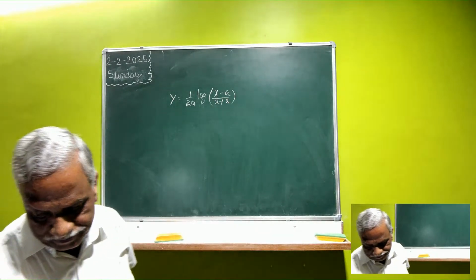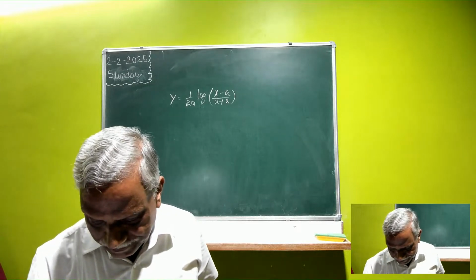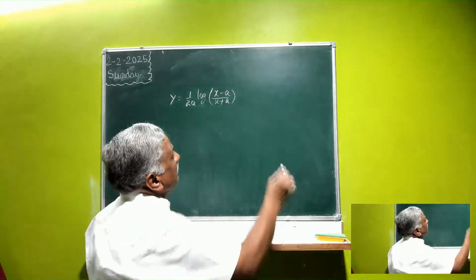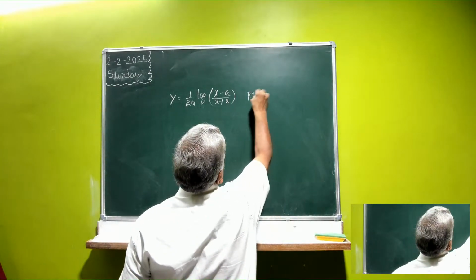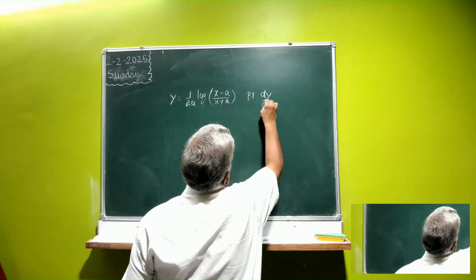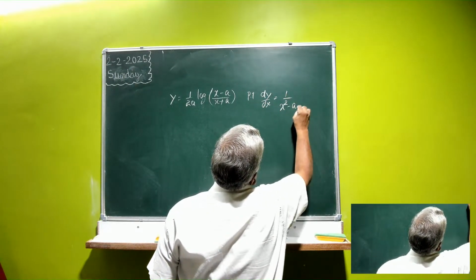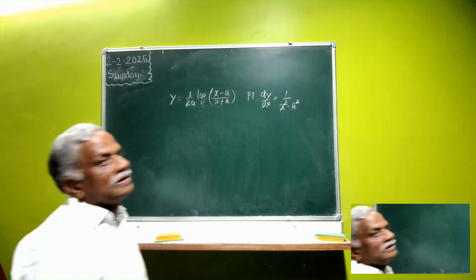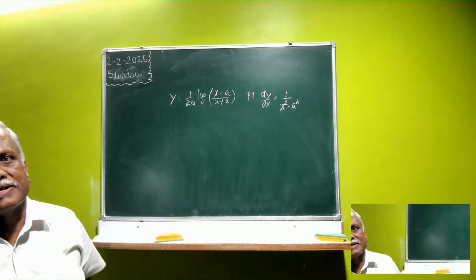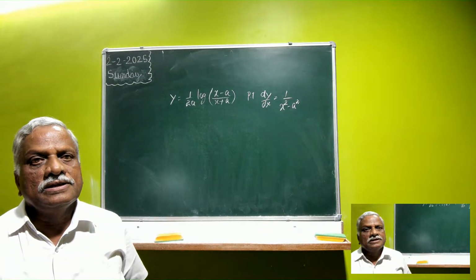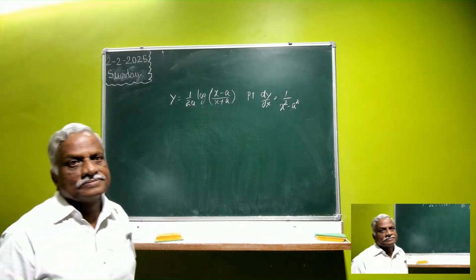Prove that dy by dx equals 1 over x square minus a square. That was a square minus x square. This is x square minus a square.